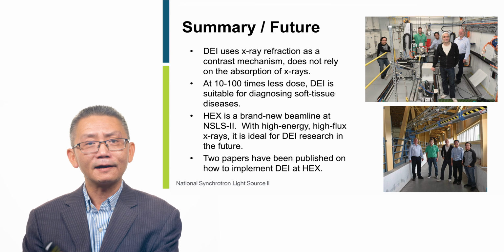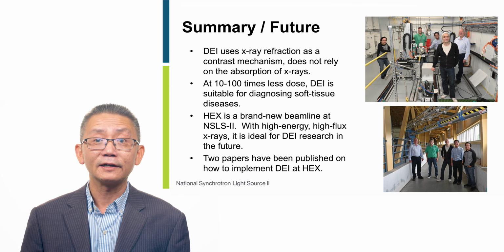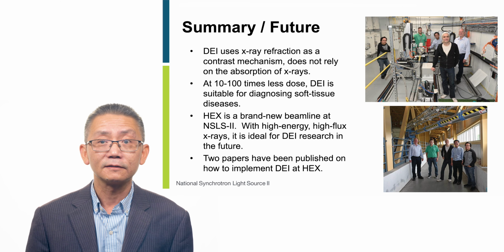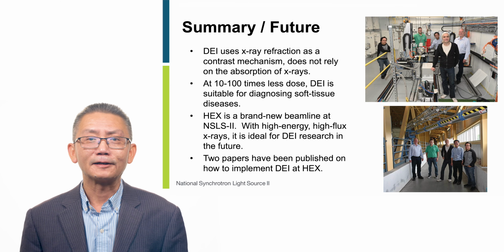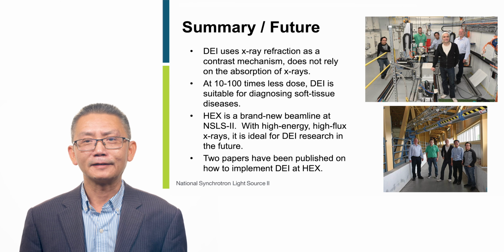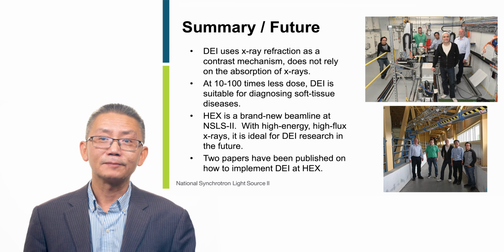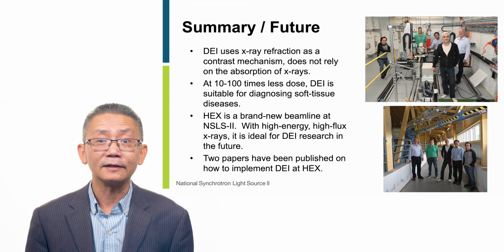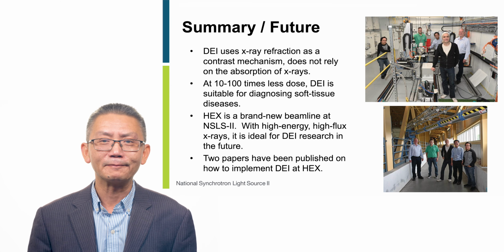It provides high energy, high flux X-rays. For these reasons, it's really ideal for DEI research for the future. We already published 2 papers on how to implement DEI at this brand new beamline. In the picture, you see my colleagues posing in front of this brand new beamline.